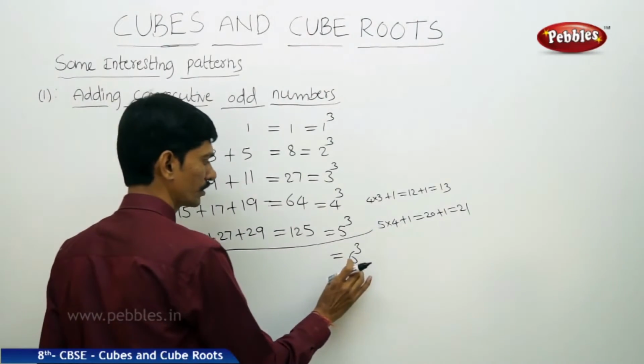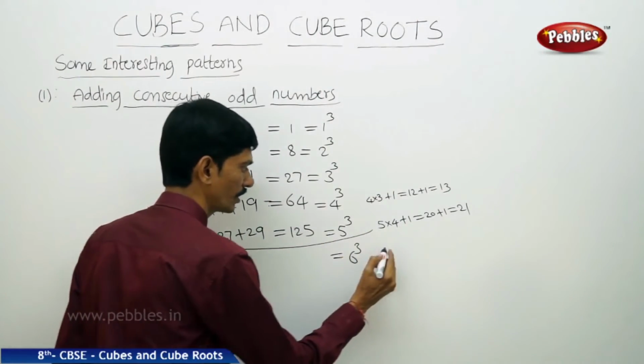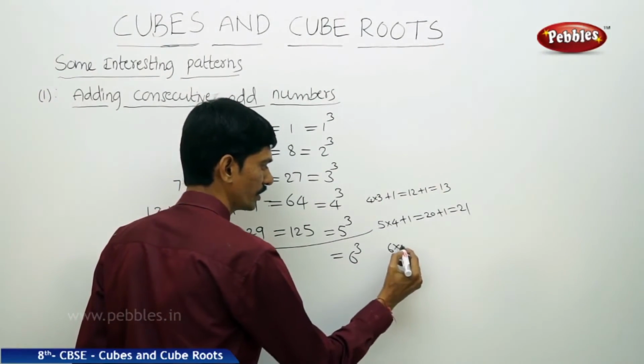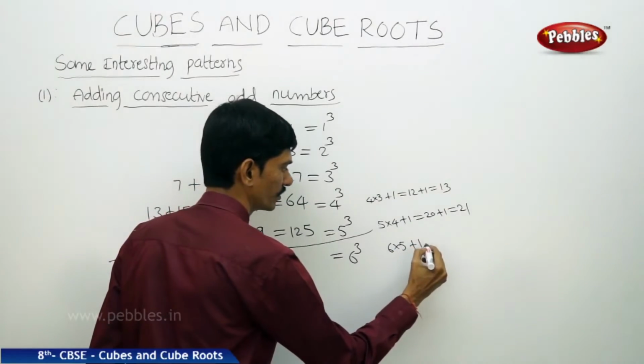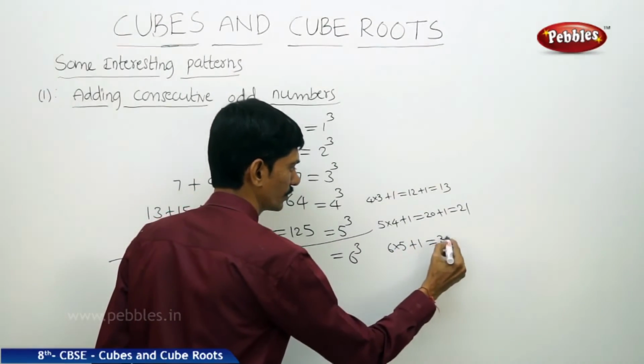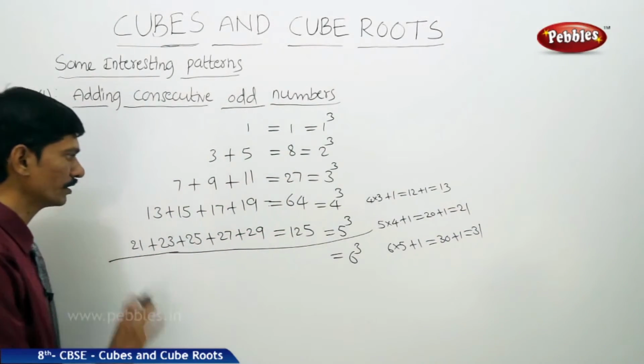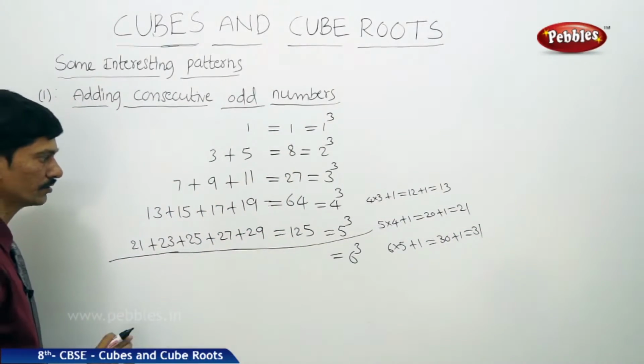Then how to take 6 cube? So here we can write 6 into, decrease by 1, means 6 minus 1 is 5, plus 1. This equals 6 5s are 30 plus 1 equals 31. So starting from 31 we should take 6 consecutive odd numbers.